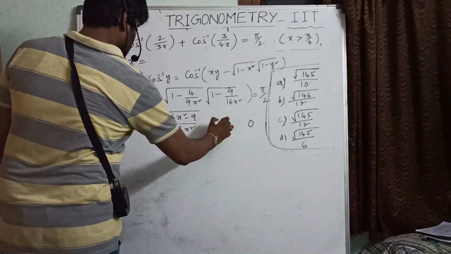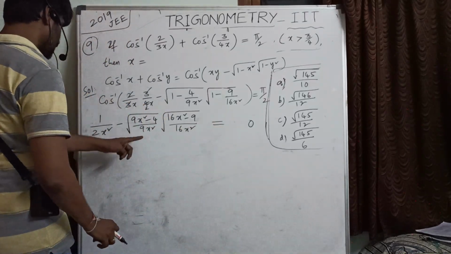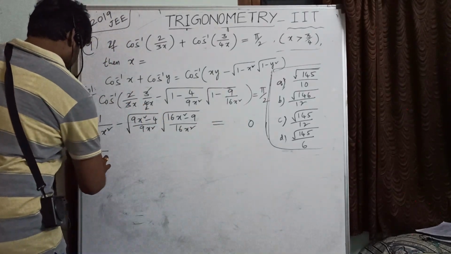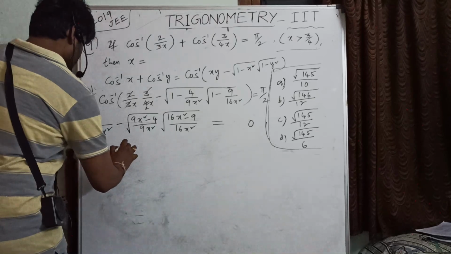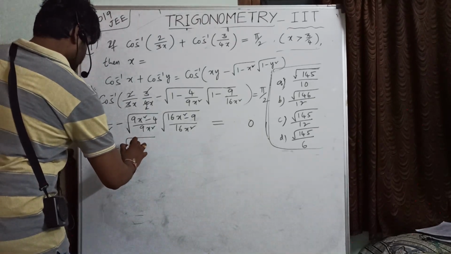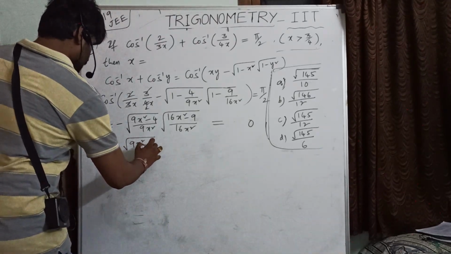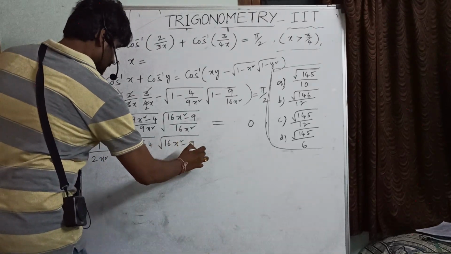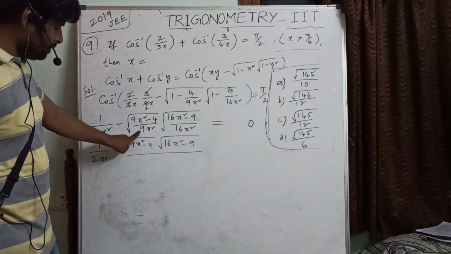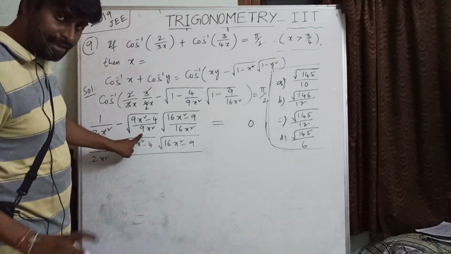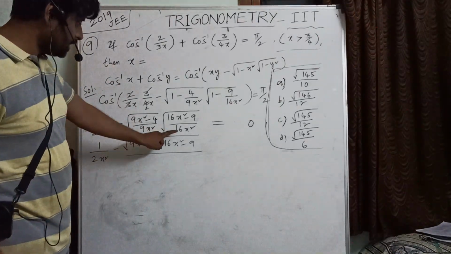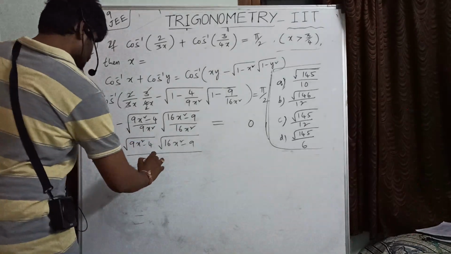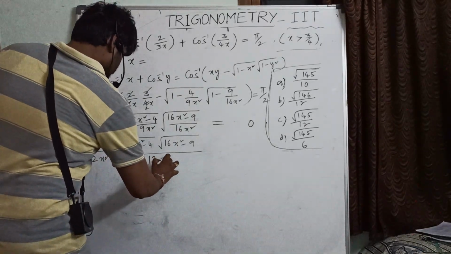Okay? So equal to 0. Correct? So now here 3x. So 1 by 2x square root 9x square minus 4 root 16x square minus 9. Here what is this term? If you write outside of root, 3x, here 4x, 3x into 4x, 12x square.